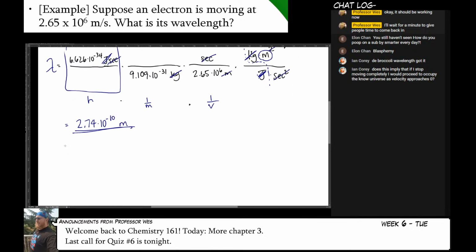Or in other words, we get this number, and that's totally within the range of things we can observe.